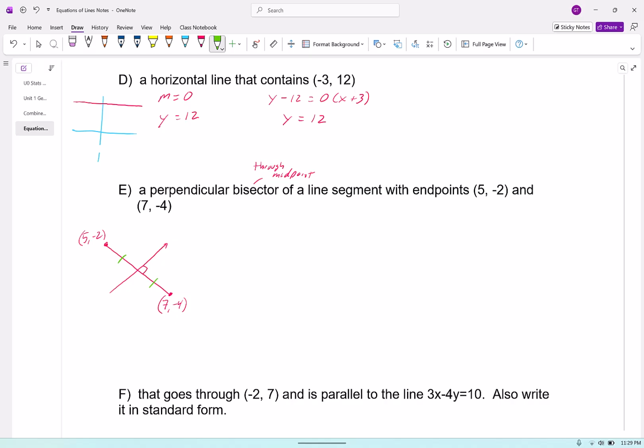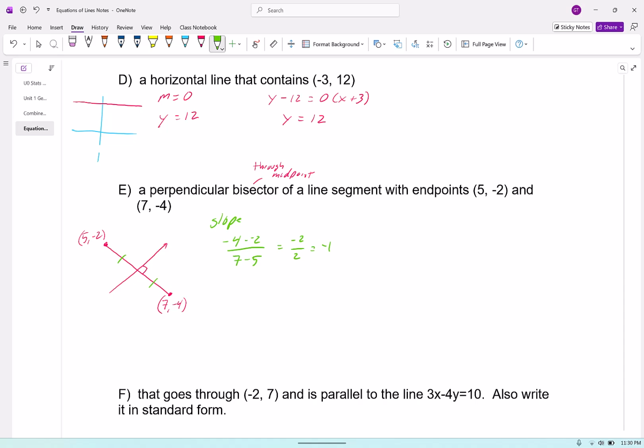All right, so I need to figure out a few things. First thing is I have 2 points on the line, so I can figure out the slope. So we'll do negative 4 minus negative 2 over 7 minus 5. So that becomes plus 2, so it's negative 2 over 2, so it equals negative 1.